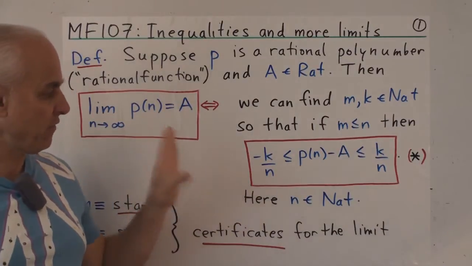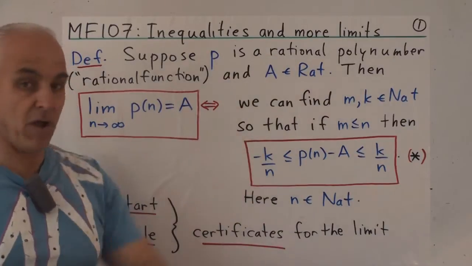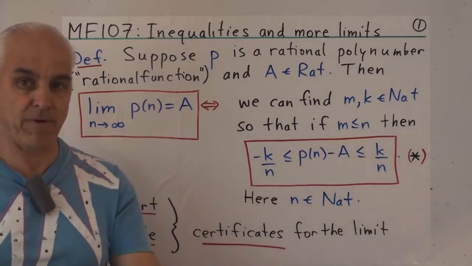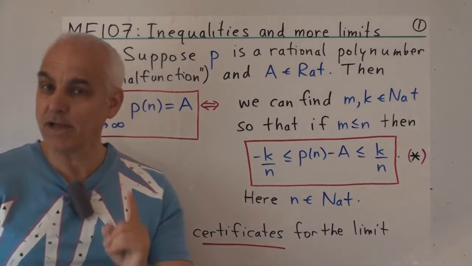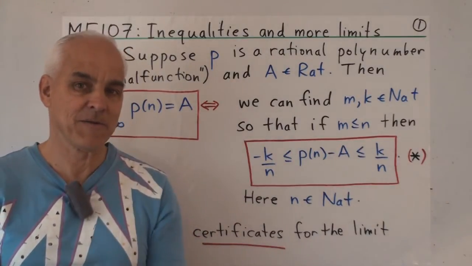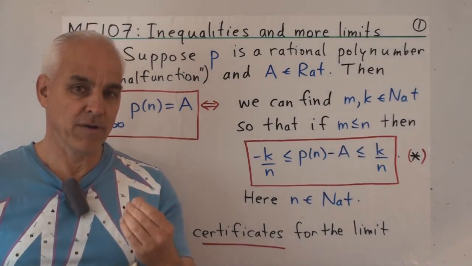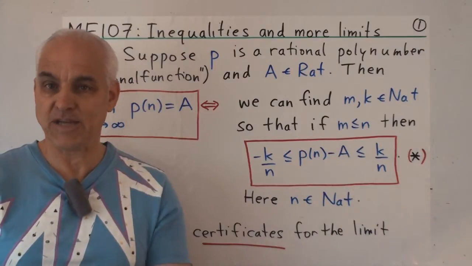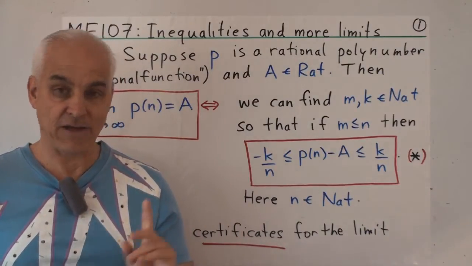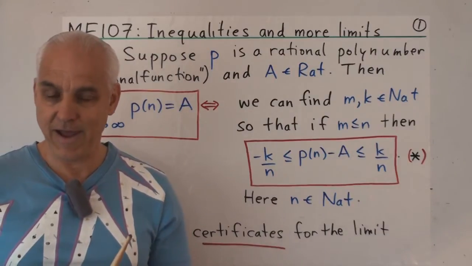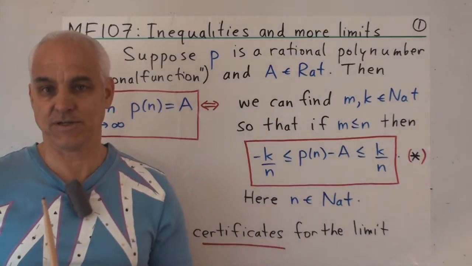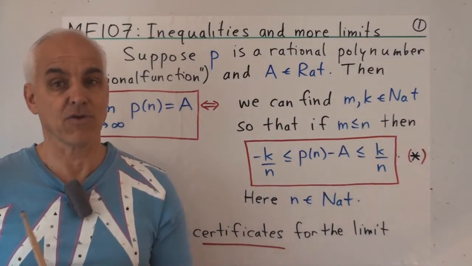This is our definition of the limit of a rational polynumber being equal to a certain rational number. And it's a lot simpler, both in theory and in practice, than the standard definition that you find in all calculus texts, which in fact students struggle with and which is often not really taken seriously in most courses, unless it's a sort of a high-level course.